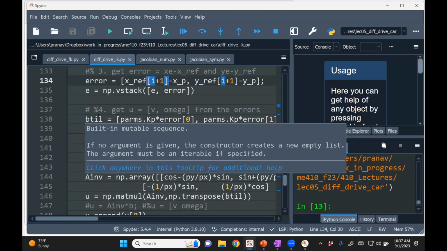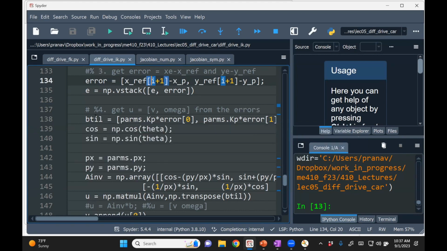I wrote down B tilde. This is the same as B in the notes. The reason I wrote B tilde is because I think I used B for the half width of the car, so I shouldn't use B in my notes. It basically tells you Kp times the error in X, error in Y. Here Kpx is Kp, Kpy is Kp. I just chose the same, but you could choose something else.